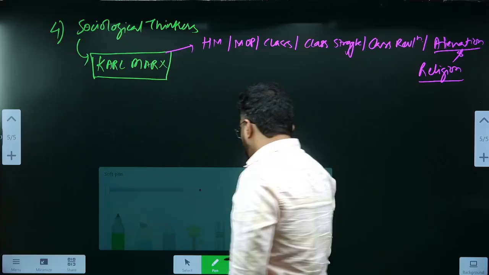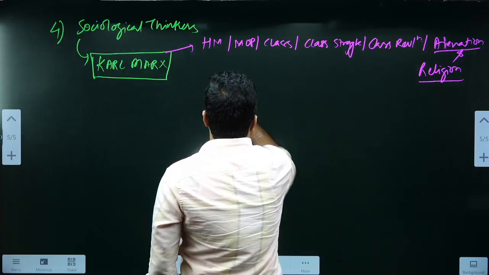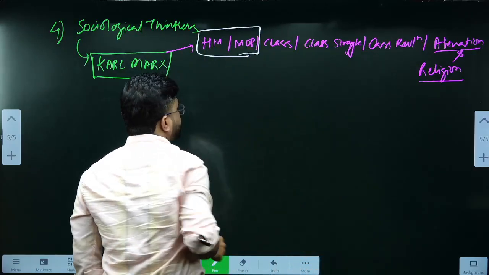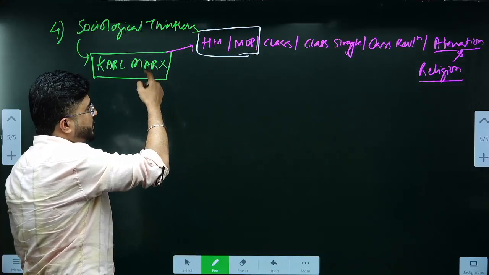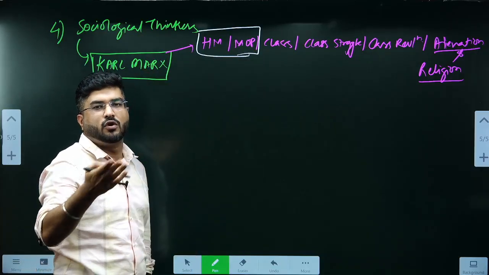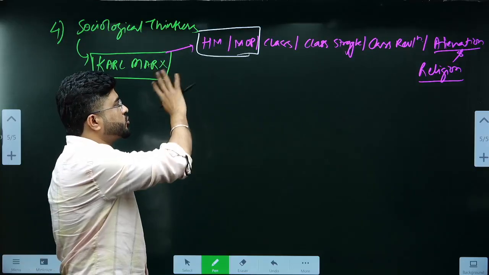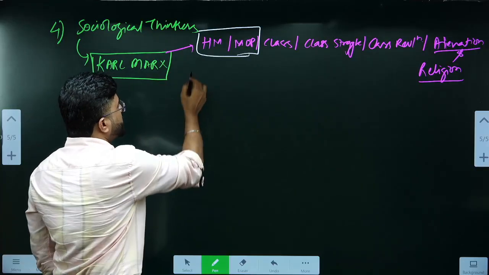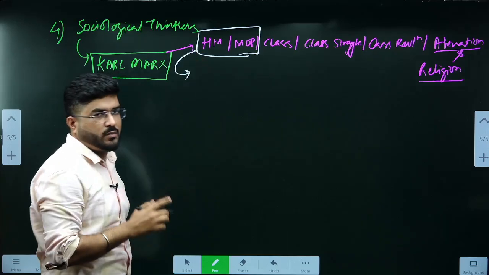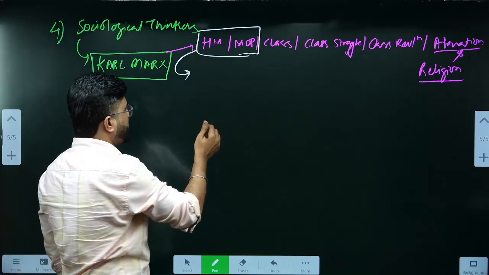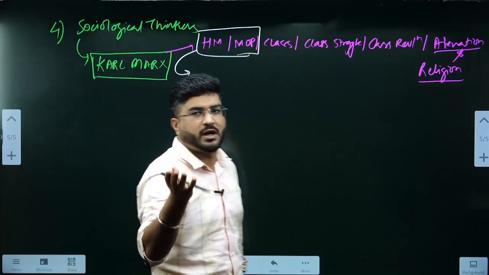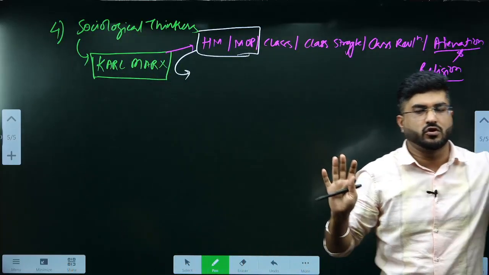Now when we talk about historical materialism and mode of production of Karl Marx, what you must have gone through in your foundation classes is that with this historical materialism and mode of production, Karl Marx is trying to highlight how society evolved with respect to the material changes in historical times.